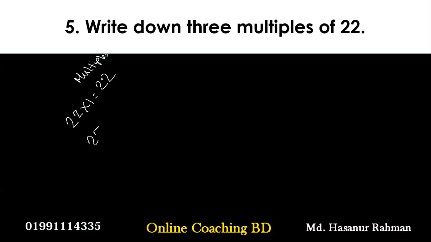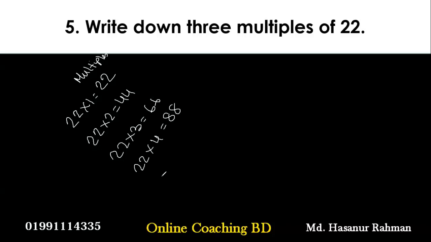If we multiply 22 by 2, we'll get 44. Similarly, 22 multiplied by 3 is 66. 22 multiplied by 4 is 88. 22 multiplied by 5 is 110. So these numbers actually are multiples of 22. So we just have to pick 3 numbers from them.